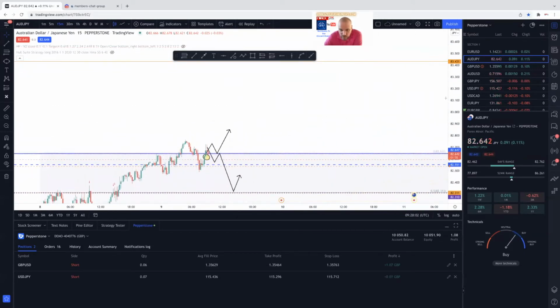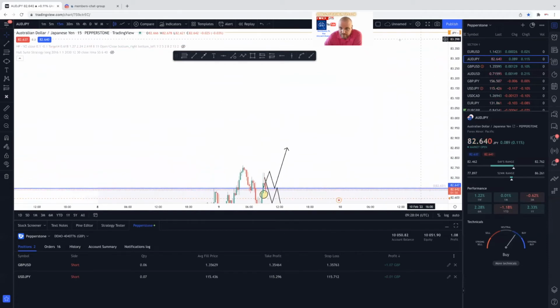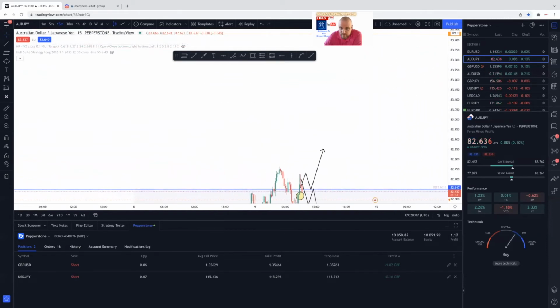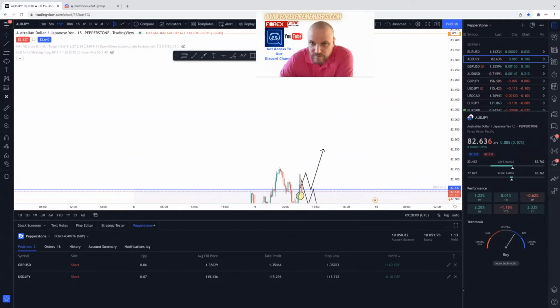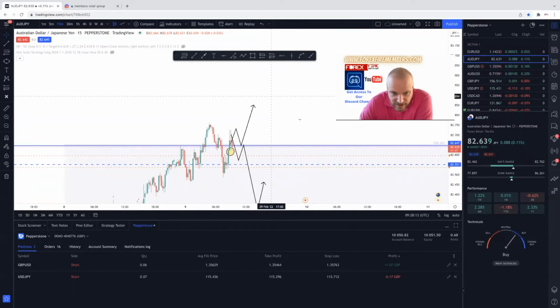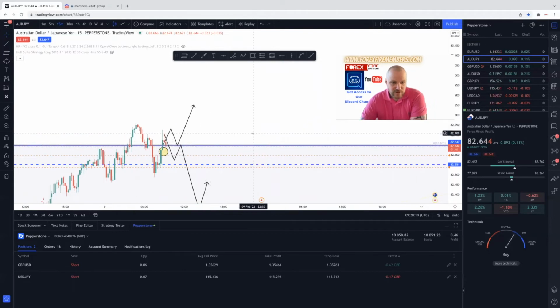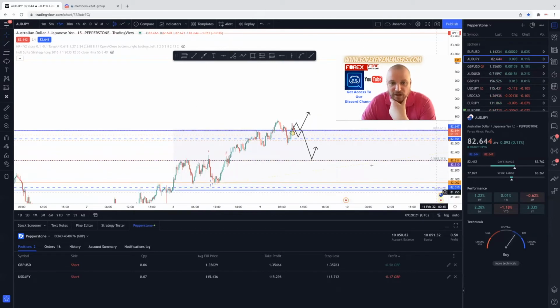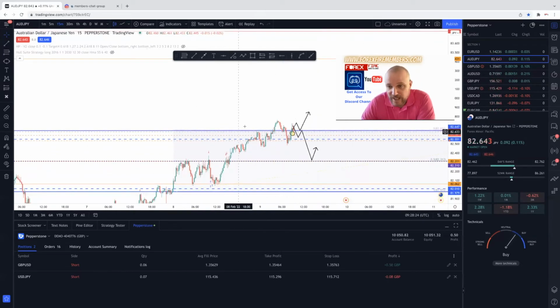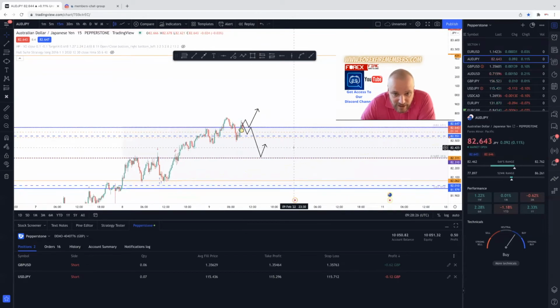It's just how much is this going to hold? Because remember, this is the daily wick high, but the 4 hour is showing a continuation of higher highs and higher lows.